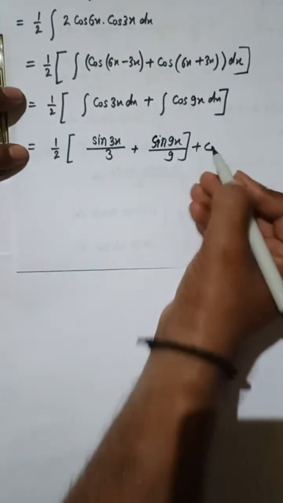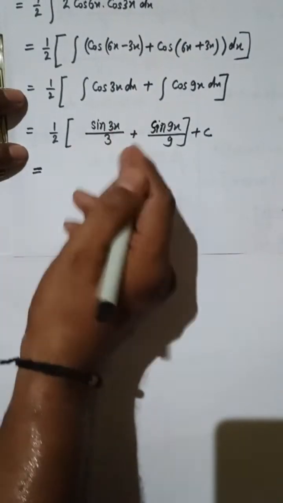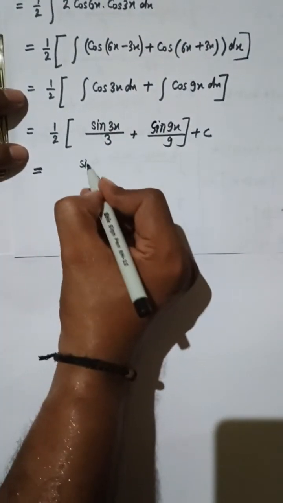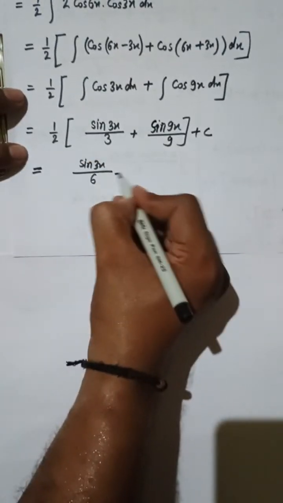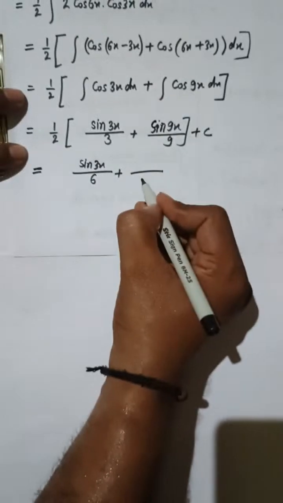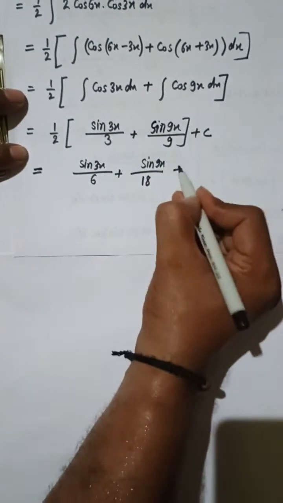If we do the integration, at the end I'm putting the constant term c. Okay, this is the last step of this problem. Here we have sine 3x by 3 into 2, that is 6, plus 2 into 9 is 18. So sine 9x plus c.